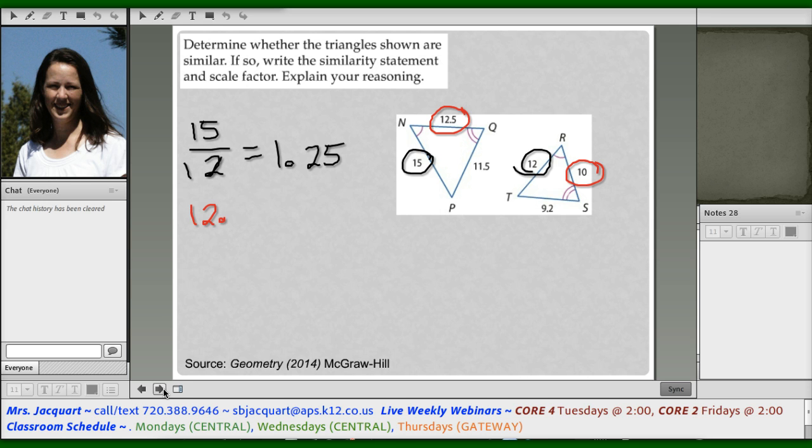to 12.5 divided by 10. Then we're going to compare it. These calculators are fun.